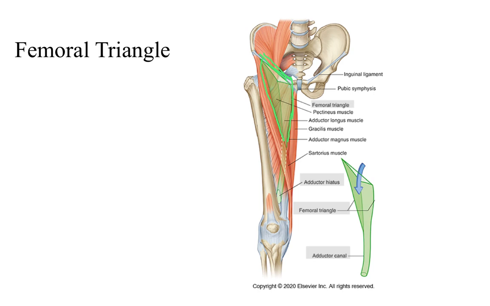And then as it goes under the sartorius muscle, it will form this potential space called the adductor canal that has a tube-like appearance through which blood vessels and nerves are going to run through, and then it's going to go from the anterior part of the thigh to the posterior part of the thigh through this little hole within the adductor magnus called the adductor hiatus.